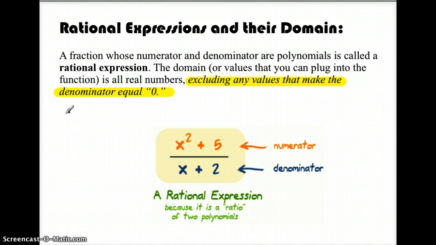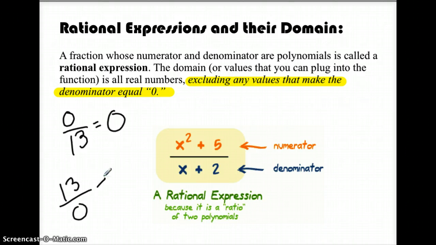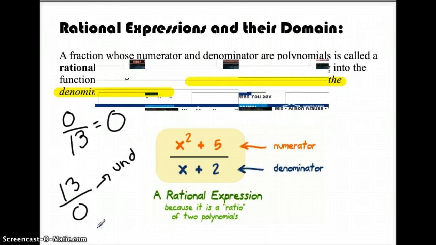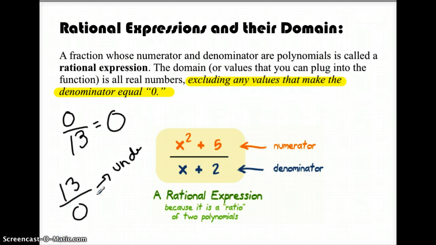If you type in your calculator 0 divided by, I don't know, like 13, it's going to give you an answer of 0. 0 divided by anything is 0. However, if you flip it around and do 13 divided by 0, your calculator is going to go ballistic. It's going to say undefined, and it won't be able to do it because you are never allowed to divide by 0. Okay, that's an error.